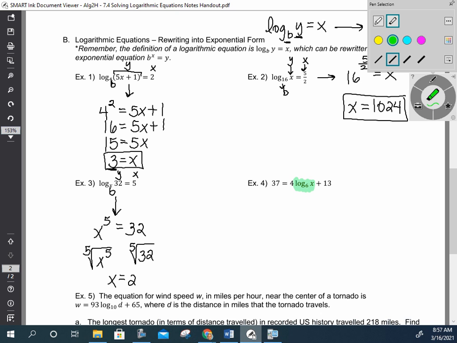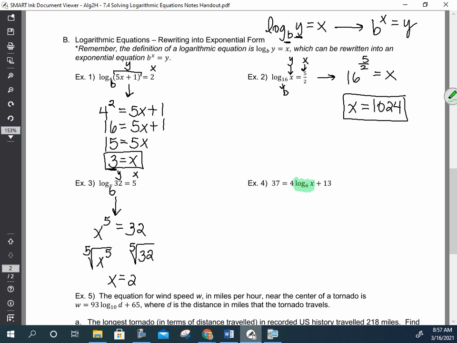So we cannot do a rewrite until that log is completely by itself. That means this 13 has to go, and that 4 has to go before we do any kind of rewriting. So 13, we will subtract it.